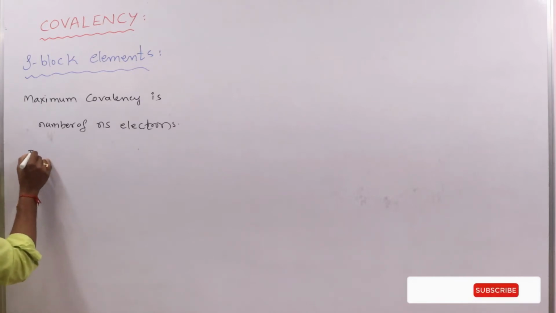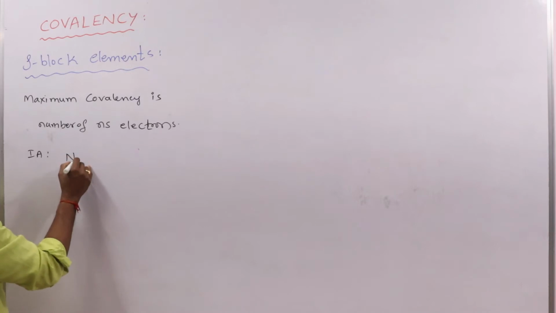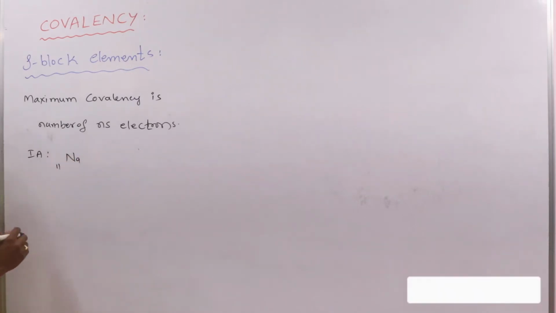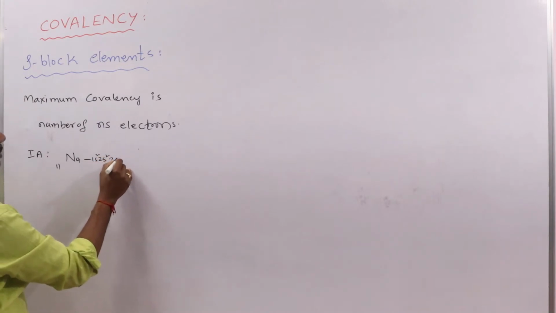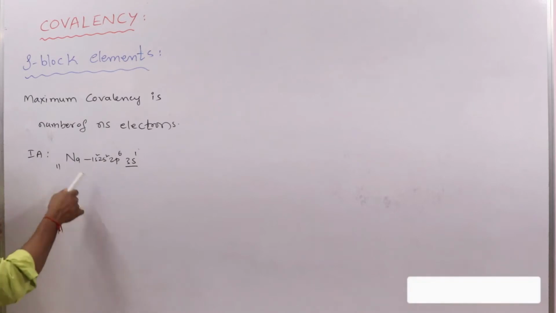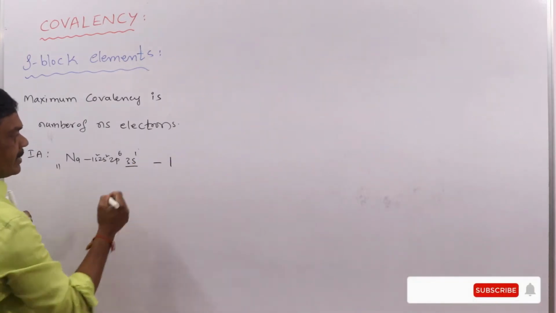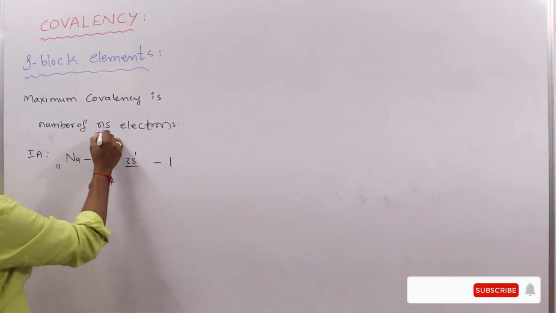First I am taking first A group elements. Say for example, sodium: atomic number 11, electronic configuration 1s2, 2s2, 2p6, 3s1. So what is the covalency of sodium? 1, that is ns1 electrons. Number of ns electrons.